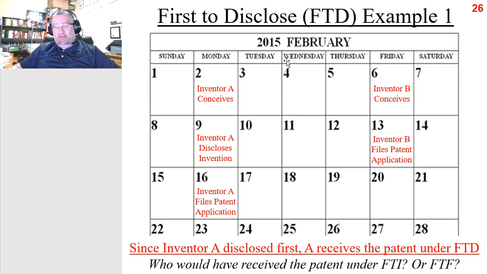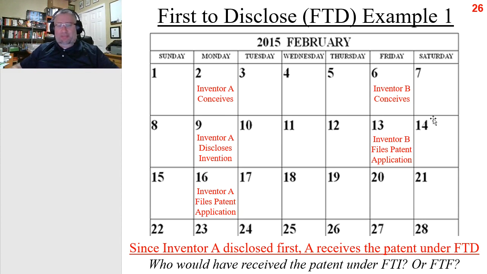So here's an arbitrary month in 2015, and we have inventor A and inventor B, who are competing inventors that, as the story goes on, will end up inventing independently the same technology and then attempting to get patent protection for that technology.